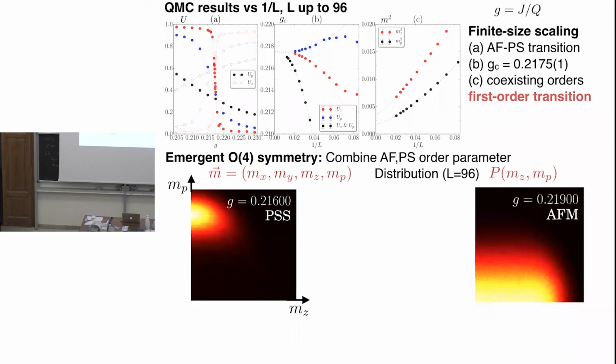In the AFM phase, we get something on the M_z axis, but it's very broadened. And in fact, if you look at an O3 vector and just project it down to one component, the probability distribution is actually a line from 0 to the size of the sphere. So you can think of this as a broadened line.